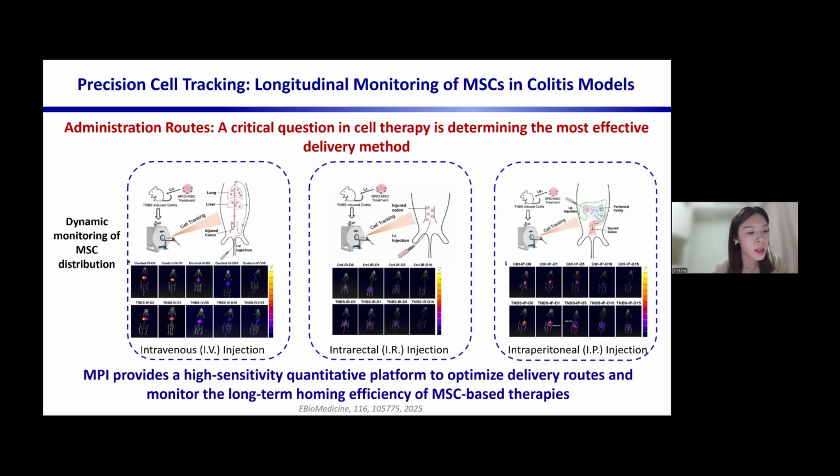And beyond stem cells, we have also explored CAR T cell tracking, and also CAR NK cell tracking, further demonstrating the value of MPI in the field of cell-based therapies.